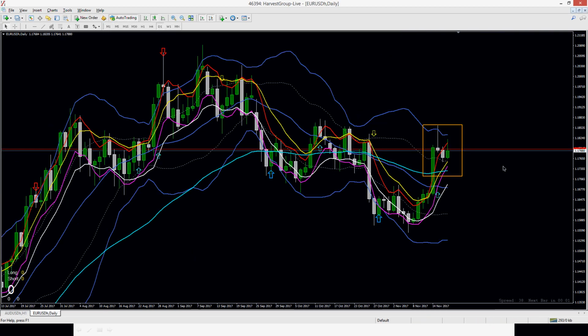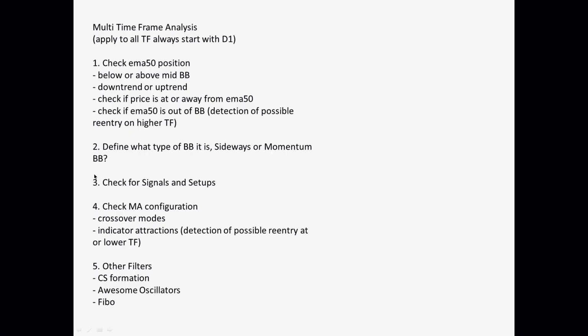Don't worry, before we go forward we'll stay in the daily first. We already know that MA50 is above mid BB, which shows a potential downtrend on the lower time frame, and the price is at MA50, which indicates there is a setup on a higher time frame, which is weekly.